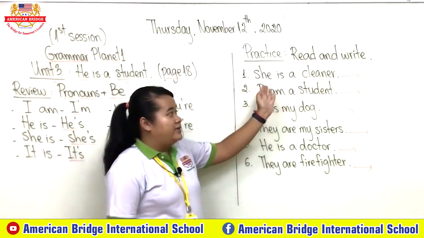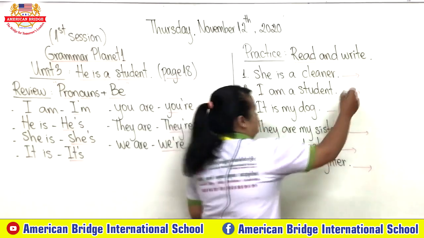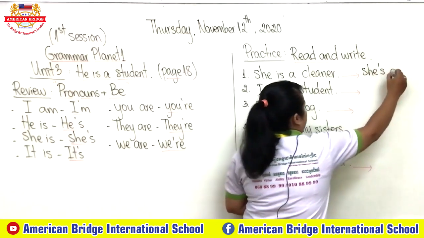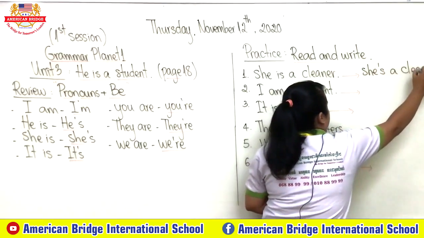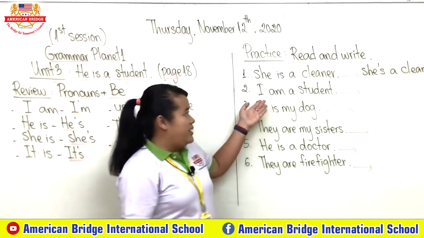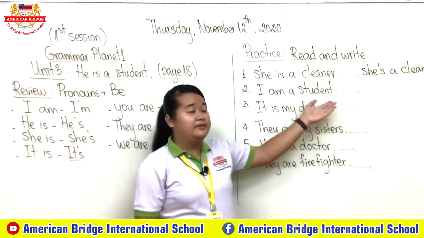Number 1, she is a cleaner. We need to write this sentence in the short form: she apostrophe s a cleaner, right? And number 2, I am a student.